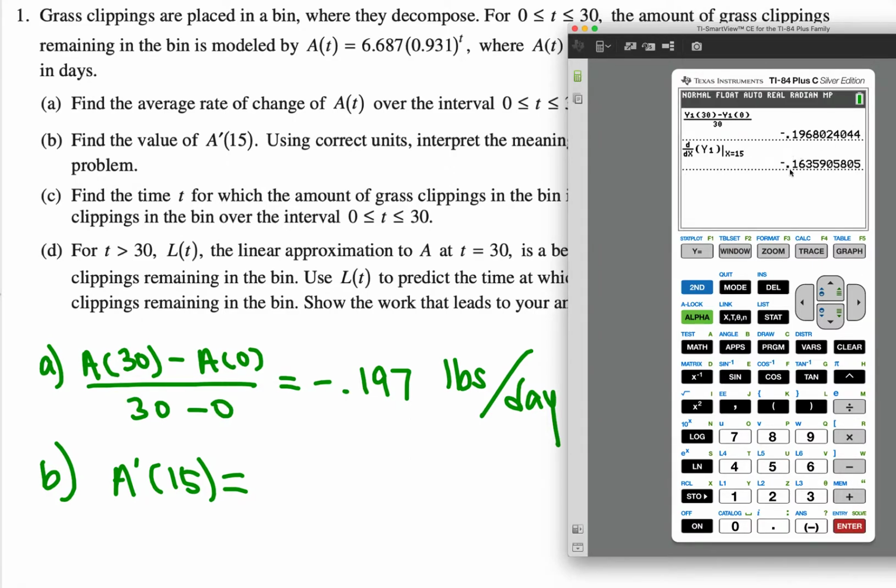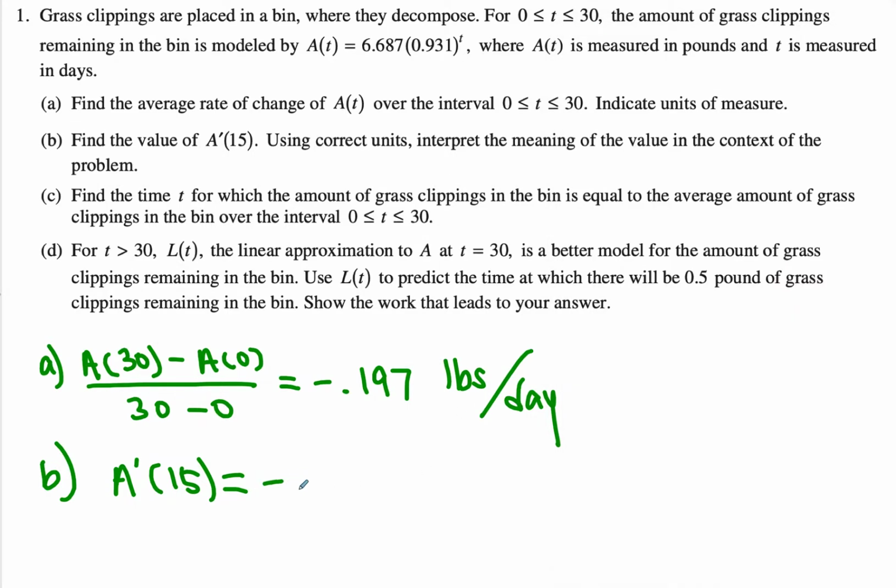So we get negative 0.164, rounding. The correct unit would be pounds per day.